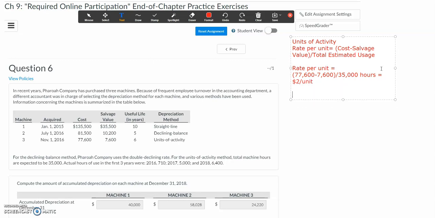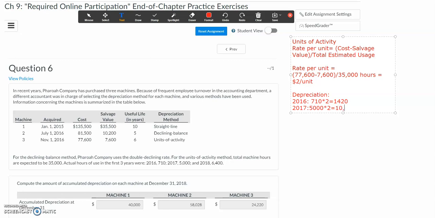Then we're going to compute our depreciation for each year. So for 2016, we used this unit for 710 hours times 2. So that is 1,420. For 2017, we use this for 5,000 hours times 2.